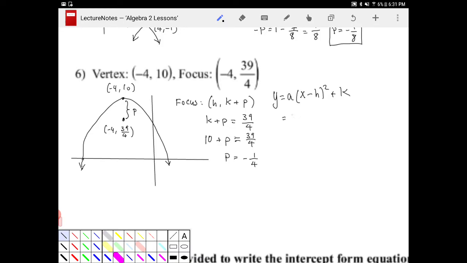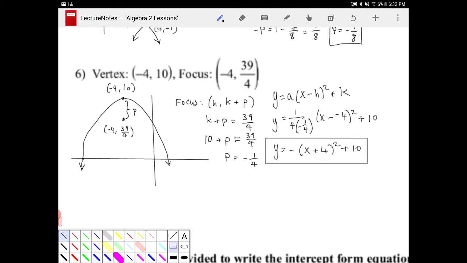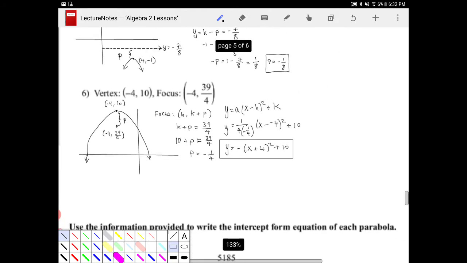I have 1/4 times p, which is -1/4, times (x - (-4))² + 10. Simplify this down. This is going to be -(x + 4)² + 10. That's question 6.